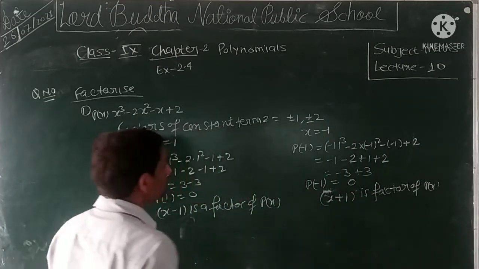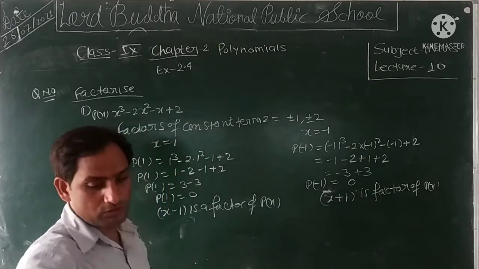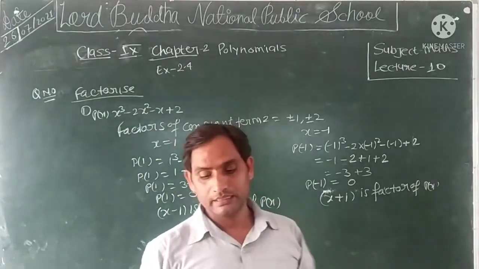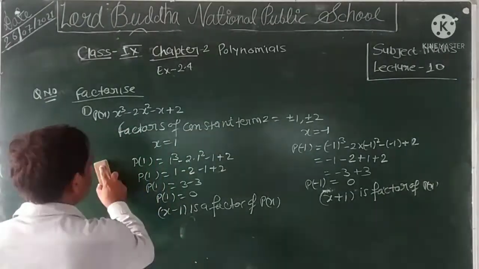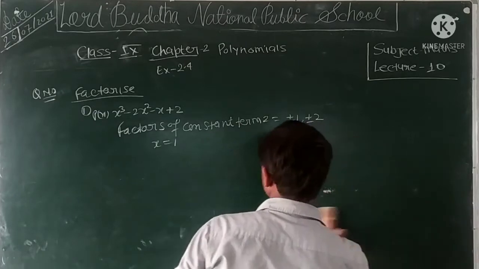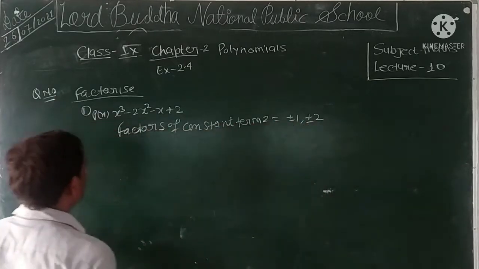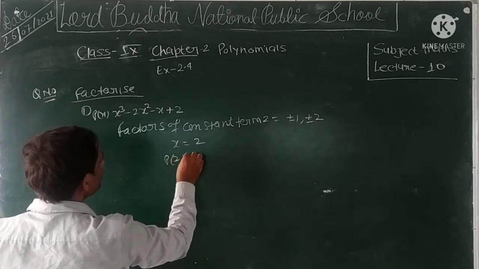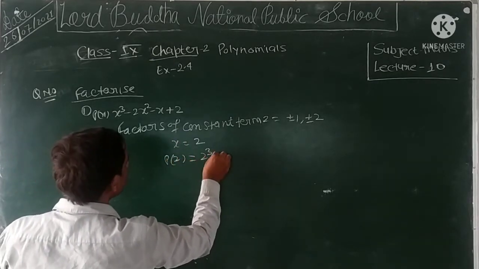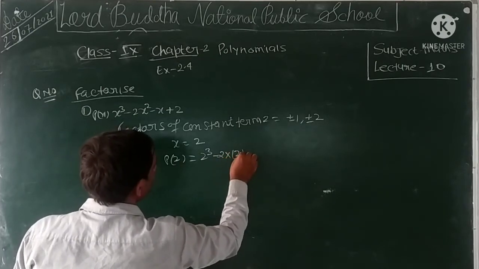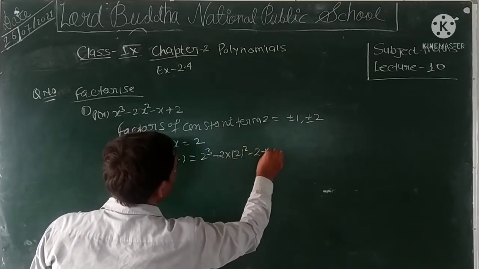Now we check x equal to 2. Okay. x equal to 2. So P2 equal to 2 cube minus 2 into 2 square minus 2 plus 2.